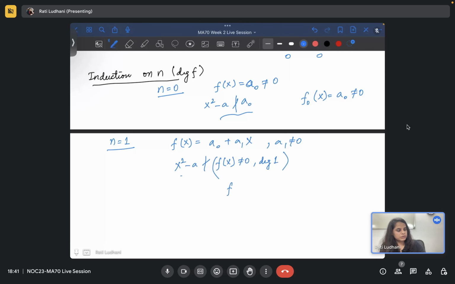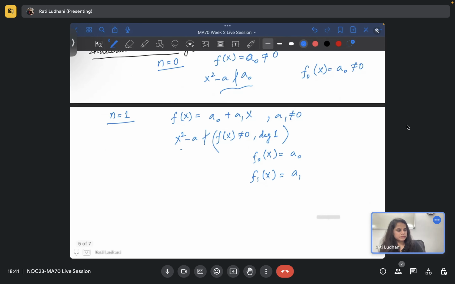And from the other side, f0 of x will be a0, and f1 of x will be a1, right? Is that clear?